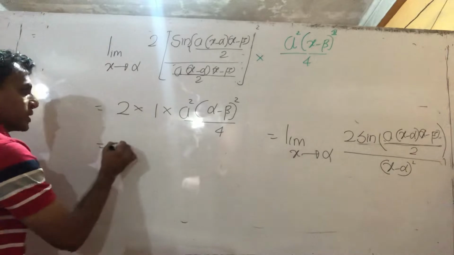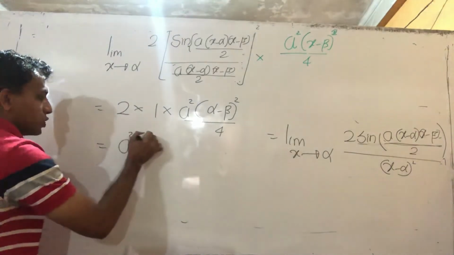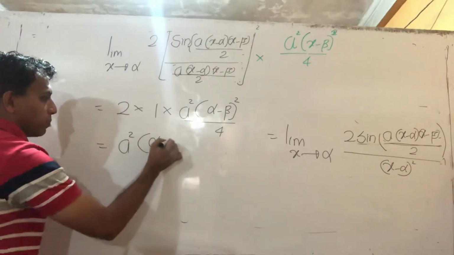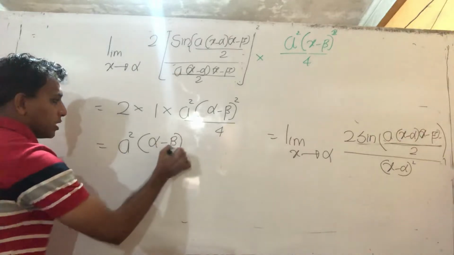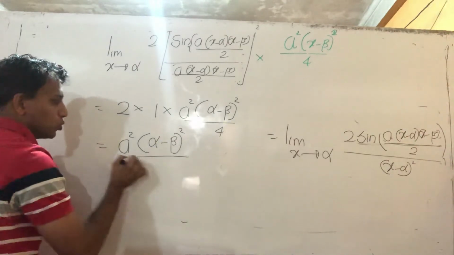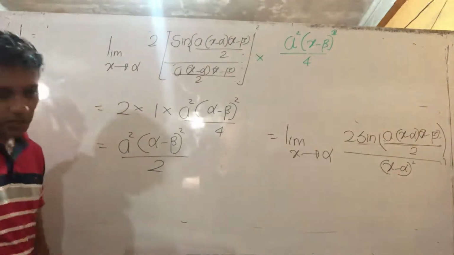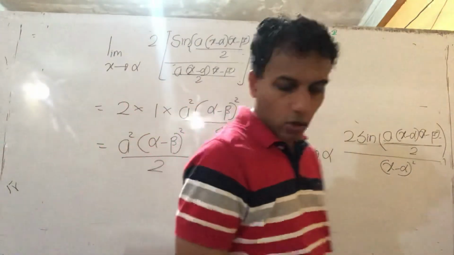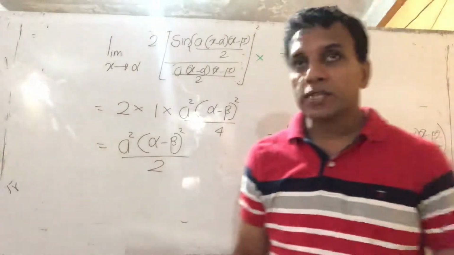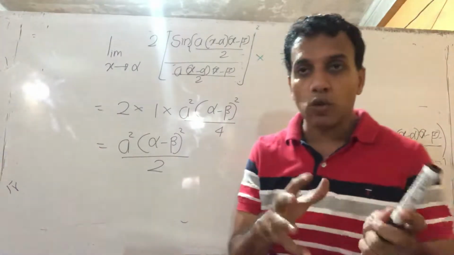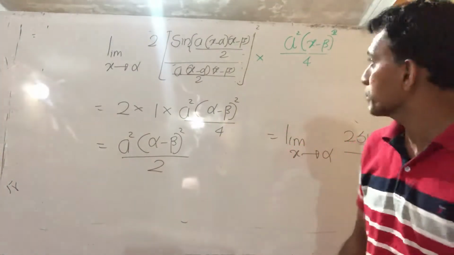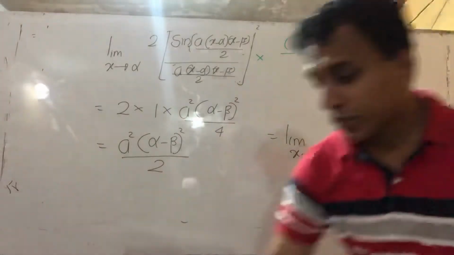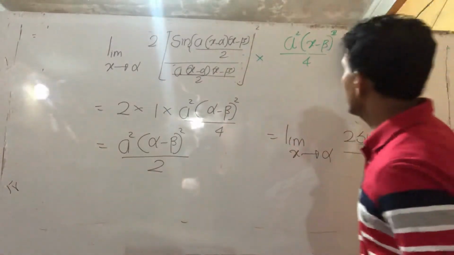Check the answer: a square into alpha minus beta square over 2. Check the answer, a square alpha minus beta square over 2. And the important question is some sort of that using the quadratic equation idea and connecting with that. Okay, next question 59.